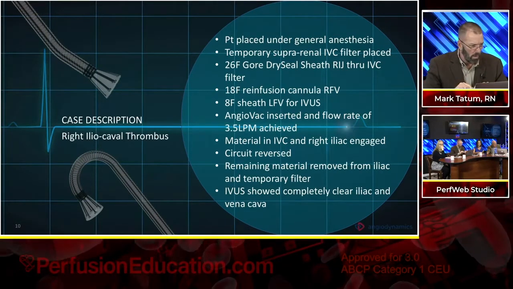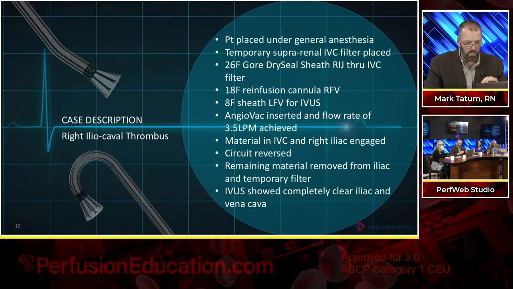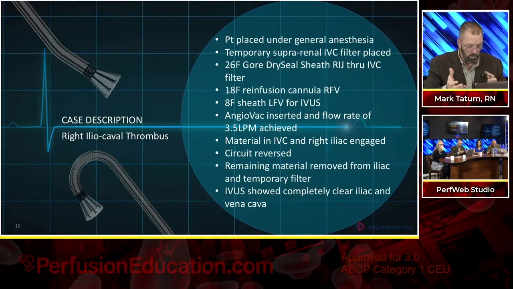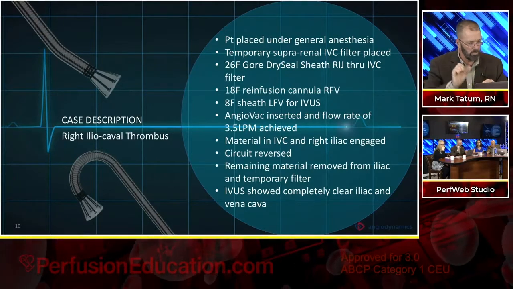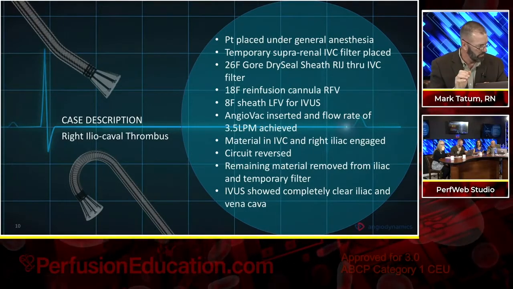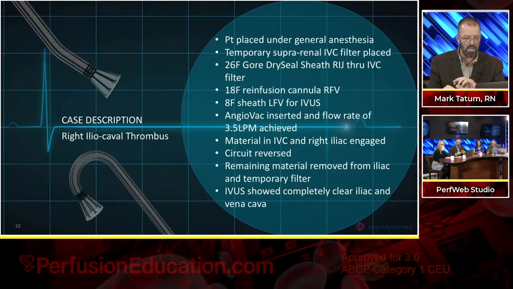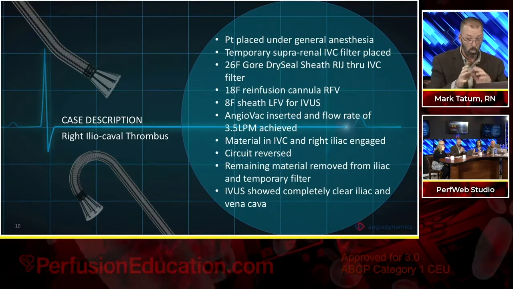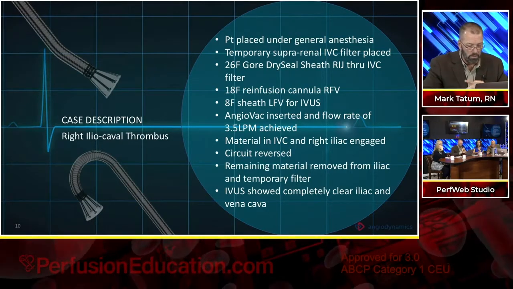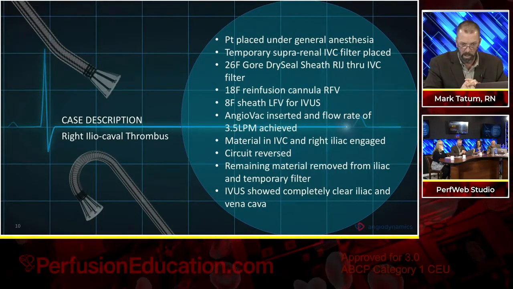Also, the 26 French Gore dry seal. That sheath is a significant, 26 French, obviously it's very large, but also its obturator or its dilator is very, very stiff. So if you happen to be in a case and you can be the extra set of eyes until one of our guys is either there or is working with perhaps someone else, these all need to go in over a super stiff wire.